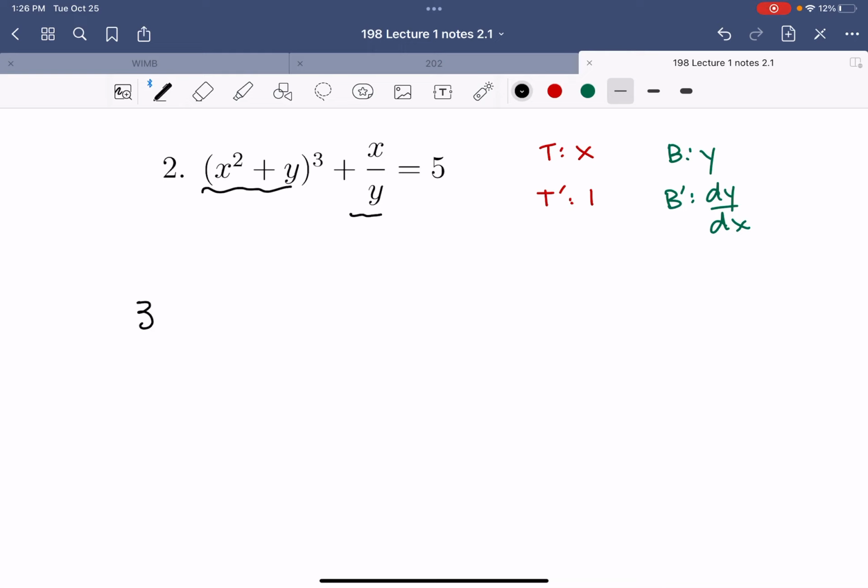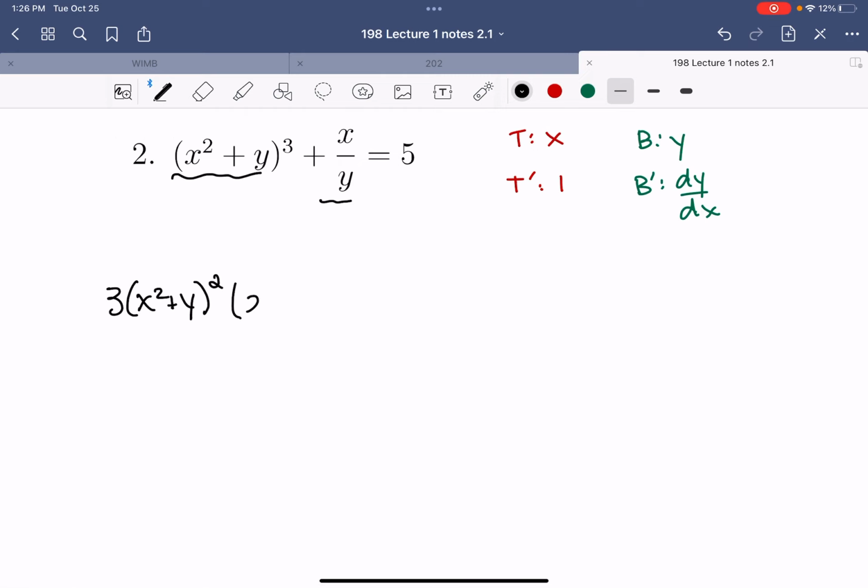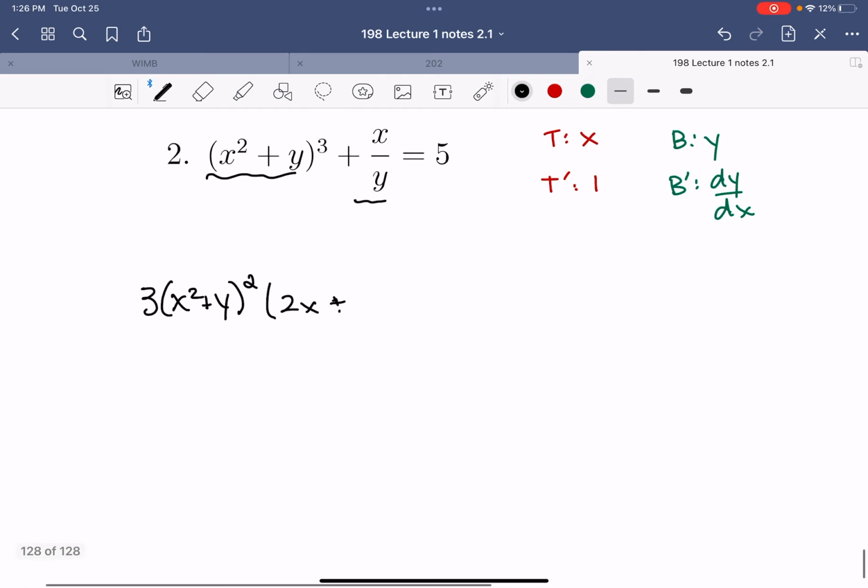So I'm going to bring down my 3, leave the inside alone, decrease my exponent by 1. No derivatives there of any x's or y's, so we just leave it. Times the derivative of what's inside. So times 2x plus the derivative of y is dy over dx. So that's the derivative of the first piece.